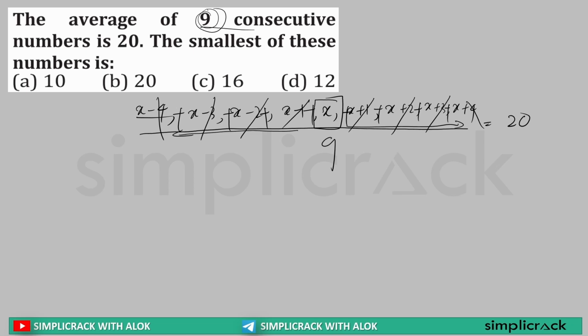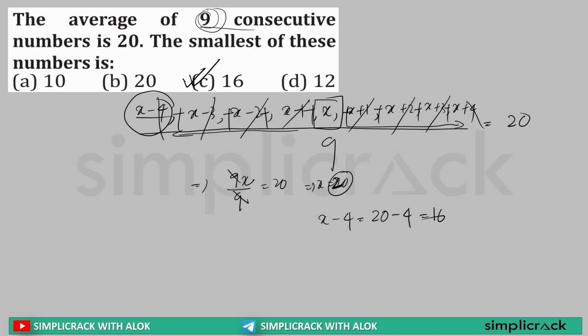What is remaining? 1, 2, 3, 4, 5, 6, 7, 8, 9. Sir, 9x is there on the top, divided by 9 is equal to 20. Sir, 9 cross out. Sir, x is equal to 20. But, sir, here the smallest one is x minus 4. So x minus 4 will be 20 minus 4, that is equal to 16. So the answer is option C, that is 16.